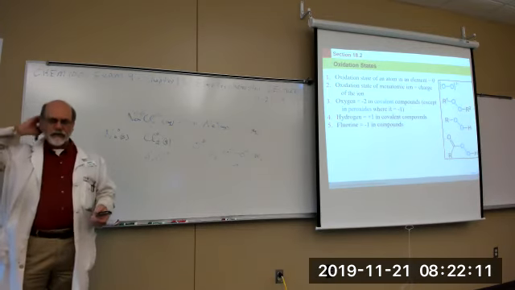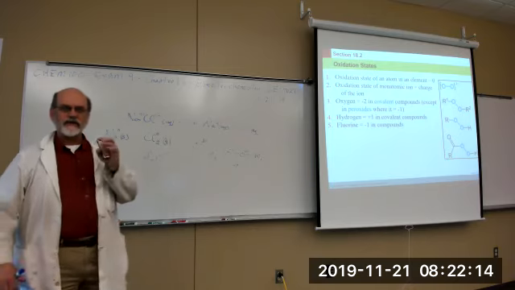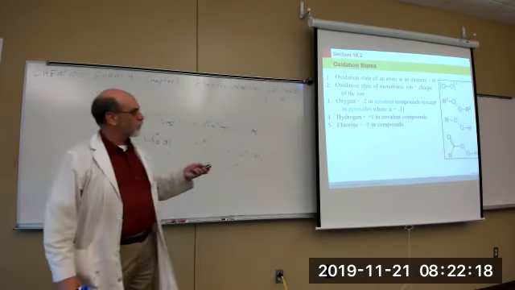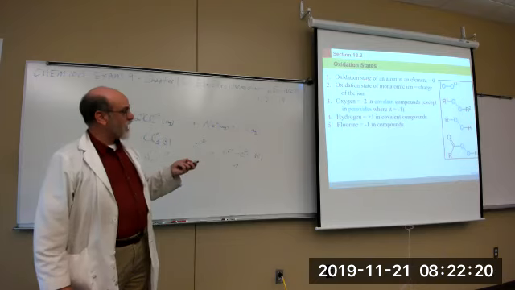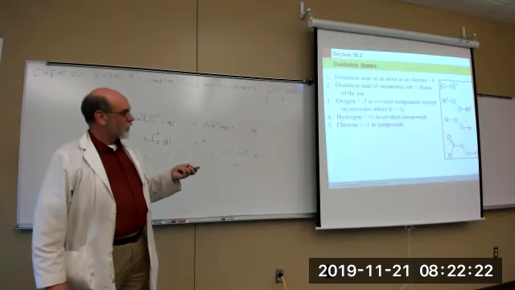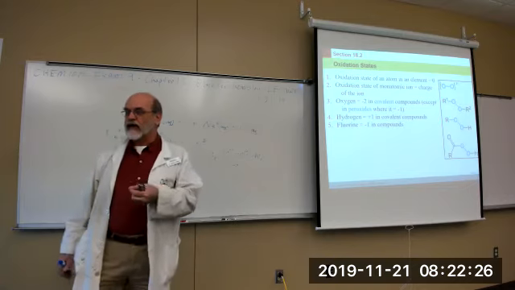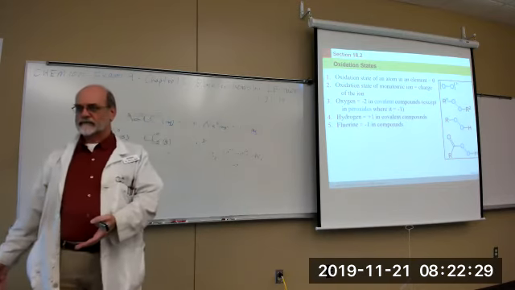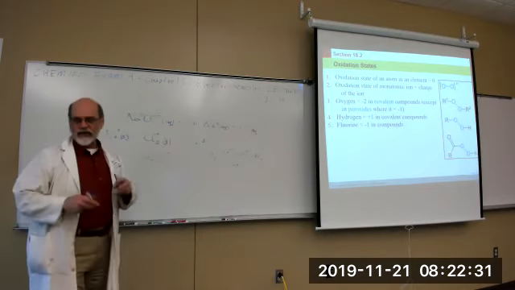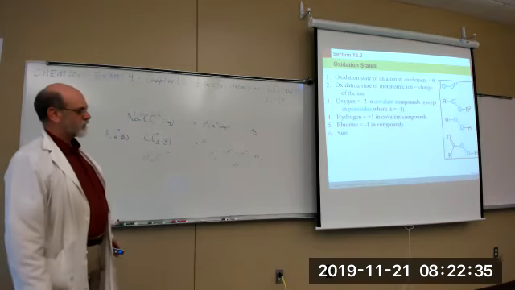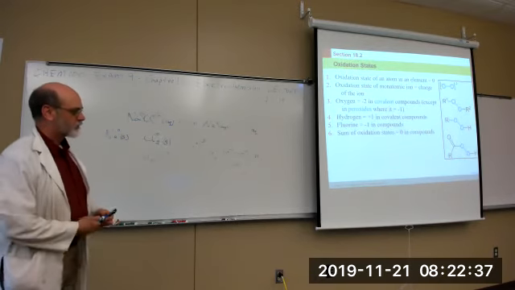So the trick is, when you have a compound and you're trying to determine what the oxidation state is for each element, you want to go to these rules and assign those values for these first elements. And then you calculate the rest of them. So we'll do some examples, and hopefully it'll become obvious how we deal with them.